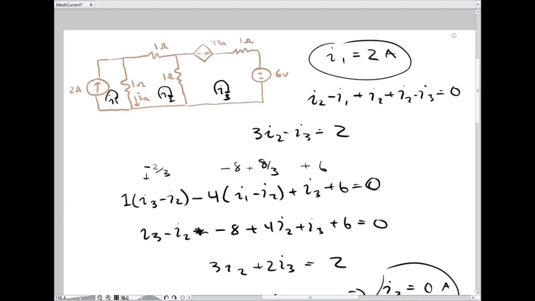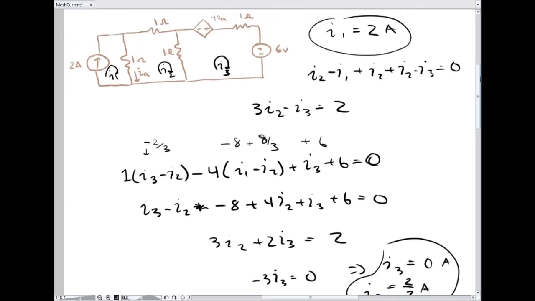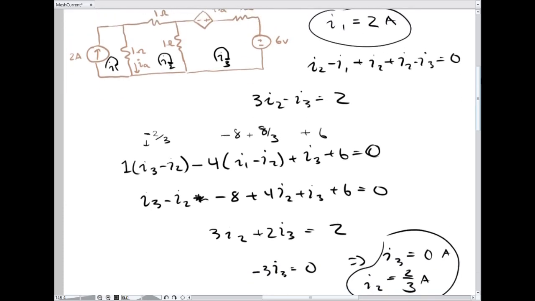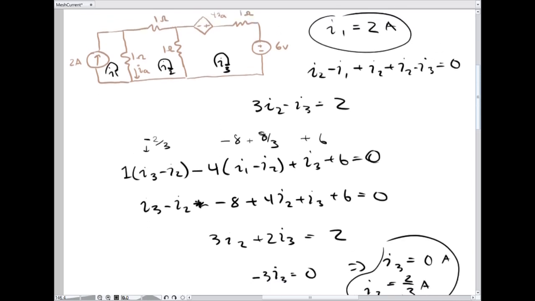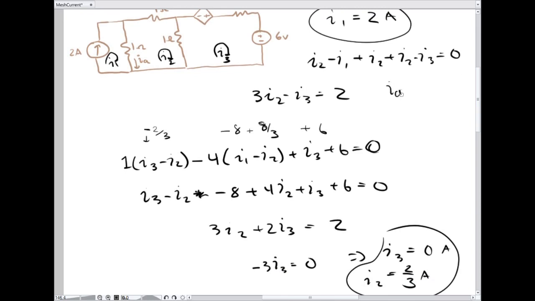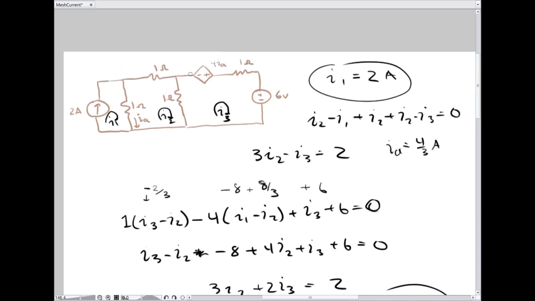So IA is I1 minus I2, which is 6/3 minus 2/3, which is 4/3. So IA is 4/3. And so this right here is 16/3 of a volt.